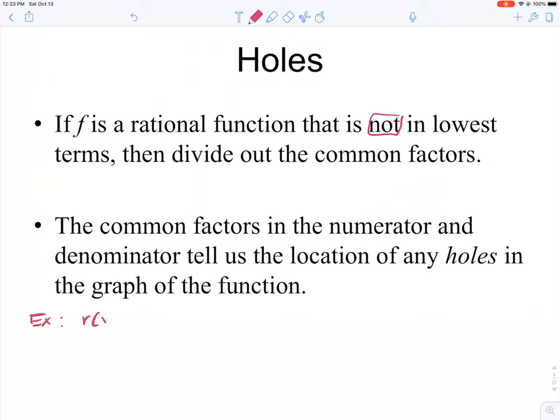So let's say we have r of x, and I'm going to write r of x already with numerator and denominator in factored form. Let's do x minus 1 times x plus 1 over x minus 1. Okay, so this would have been x squared minus 1 over x minus 1.